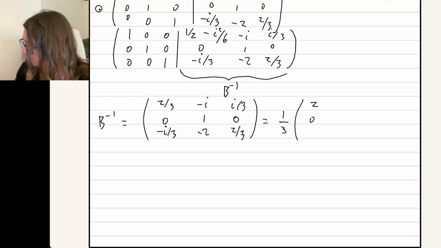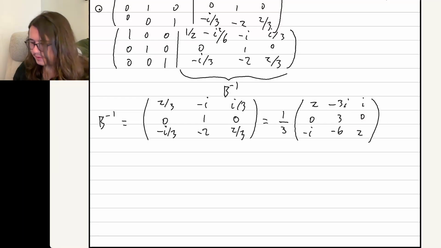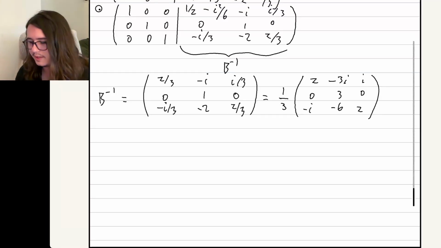Just 2, 0, minus i, minus 3i, 3, minus 6, i, 0, 2. Okay, so that was a hassle, but we got there in the end.